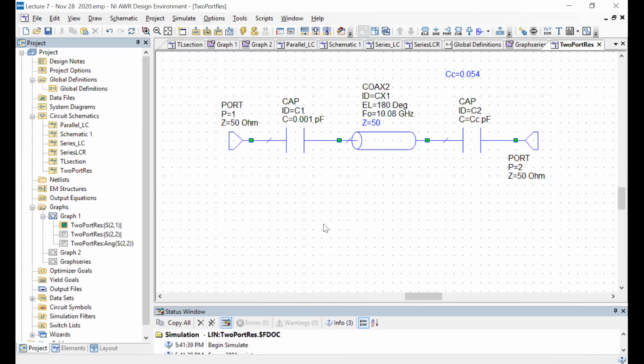So from port 2, essentially what we said is that port 1 will look like an open boundary condition because of the extremely small capacitor. That's right, yeah. It always was an open boundary condition, but now it's more truly open.